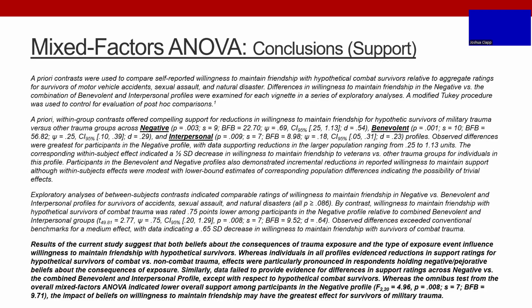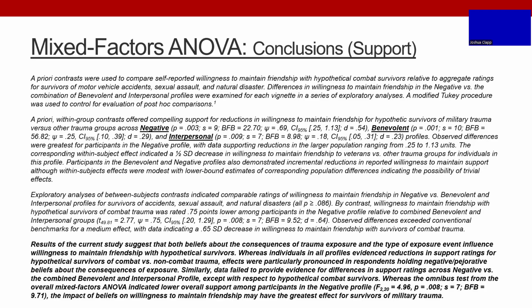Okay. So I say a priori within-group contrasts offer compelling support for a reduction in willingness to maintain friendship for hypothetical survivors of military trauma versus other groups across negative, benevolent, and interpersonal profiles. Observed differences were greatest for participants in the negative profile, with data supporting reductions in the larger population from 1/4 point to over a point. The corresponding within-subjects effect was about a half standard deviation decrease in willingness to maintain friendship.